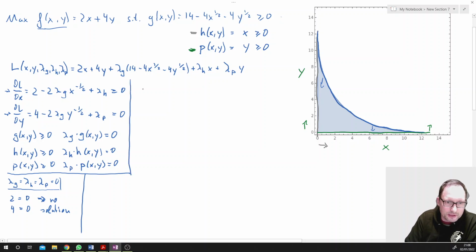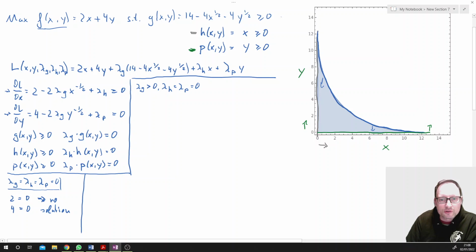We're looking where lambda g is larger than 0, but for the moment we will restrict lambda h and lambda p to still be equal to 0. So we're basically saying we're looking at positive values for x and y, and we're looking on that blue boundary.